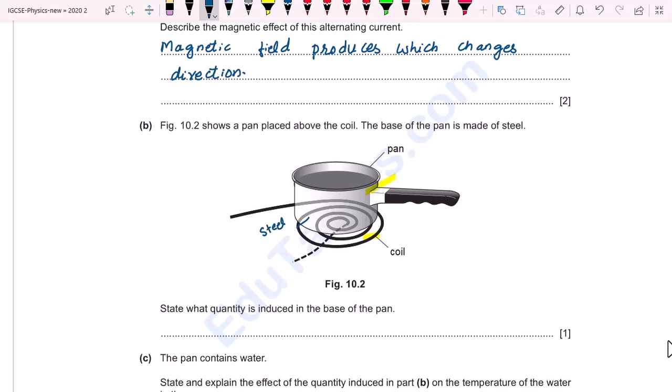State what quantity is induced in the base of the pen. We have to tell which quantity is induced in the base of the pen. As we know that in the coil there is alternating current, and due to the alternating current there must be induced EMF at the base of this pen. So the quantity induced in the base of the pen is EMF.